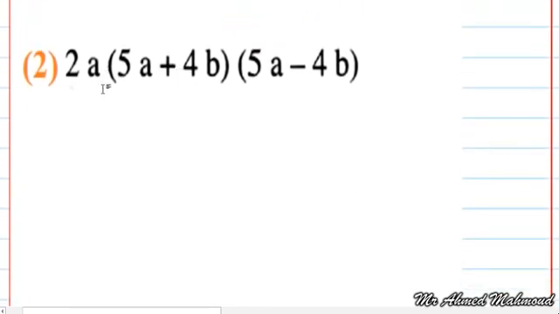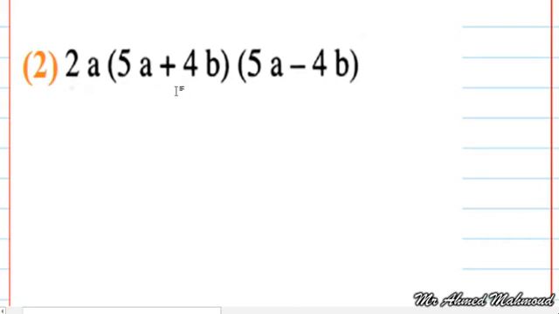2a multiplied by 5a plus 4b multiplied by 5a minus 4b. We have here three multiplications. Here we multiply this term 2a by this binomial 5a plus 4b and this binomial 5a minus 4b.